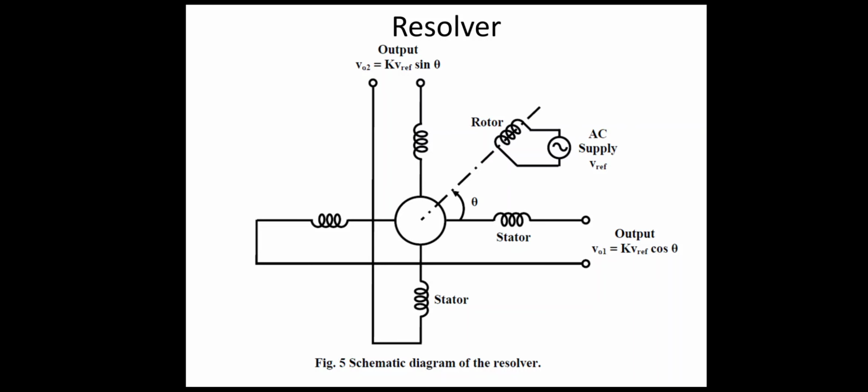K is a constant. By measuring these two voltages, the angular position can be uniquely determined, giving the angle theta between 0 and 90 degrees. Phase sensitive detection is needed if we want to measure angles in all four quadrants.